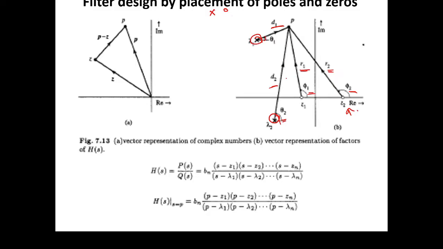Now we have talked about this in the normal S plane. However, when we discussed the S plane, where is the frequency? Where is the frequency in the S plane?